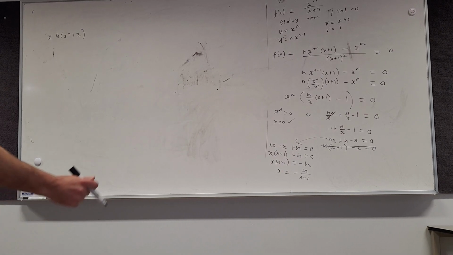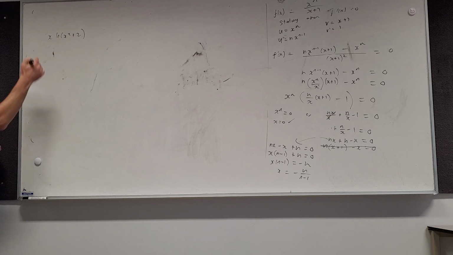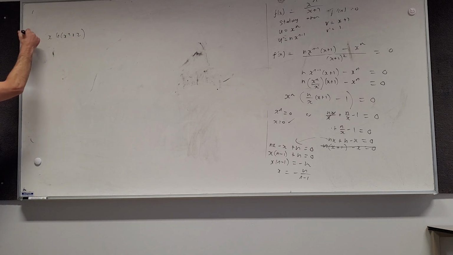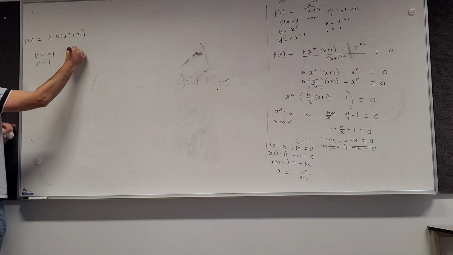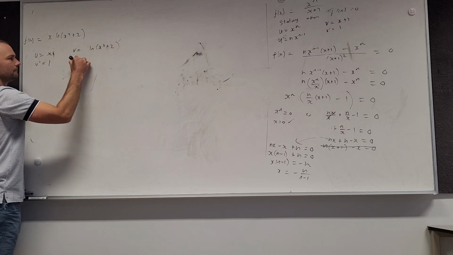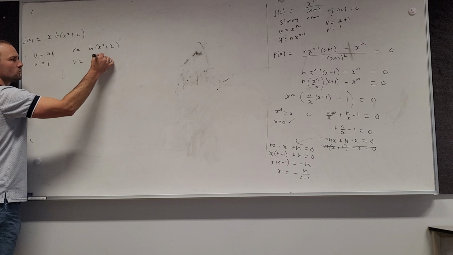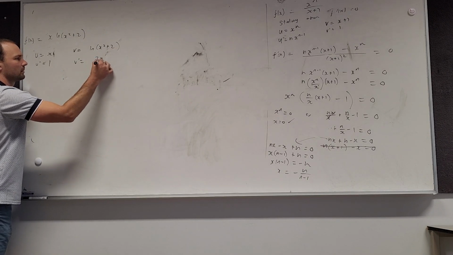So we need to differentiate. If we're going to differentiate this function, we have to use the product rule. We've got u and we've got v. So u is x, u dash is 1, v is ln of x squared plus 2, and v dash is going to be 2x on top of x squared plus 2.